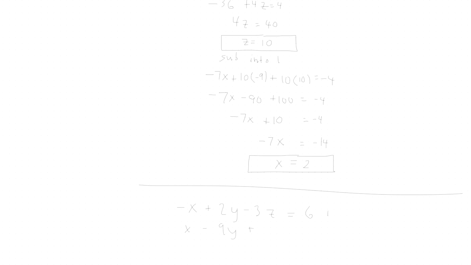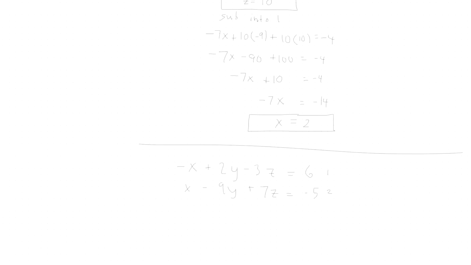Equation 3: negative X plus 8Y minus 5Z equals -2. Okay, switch over to the whiteboard. So we have equations 1, 2, 3.